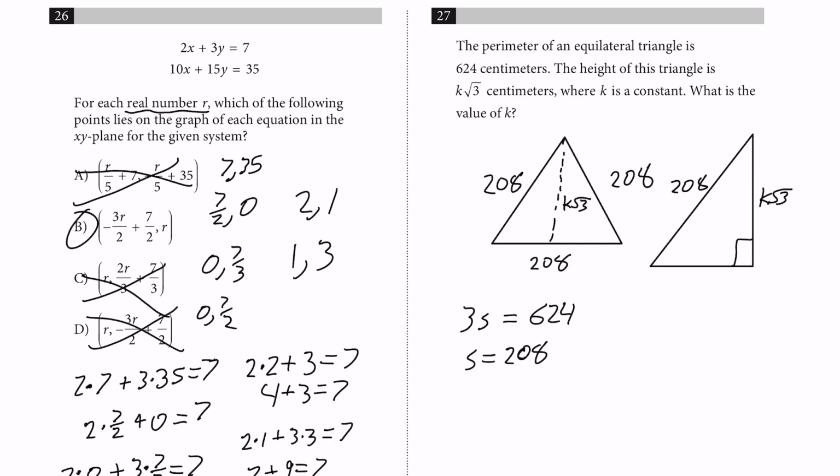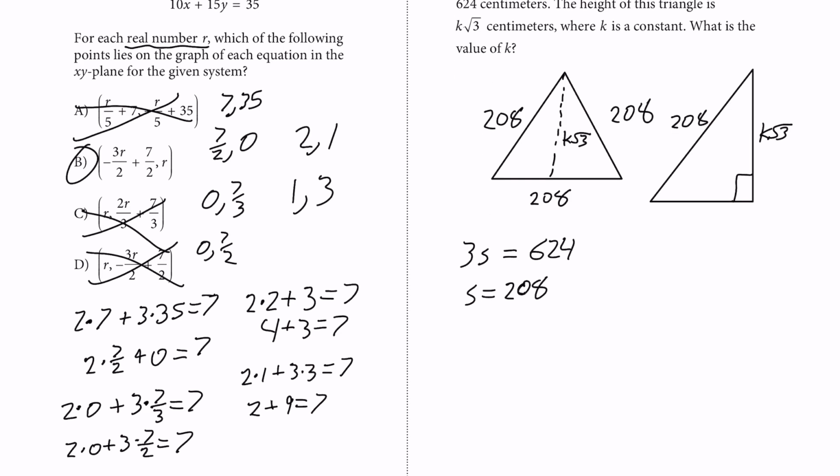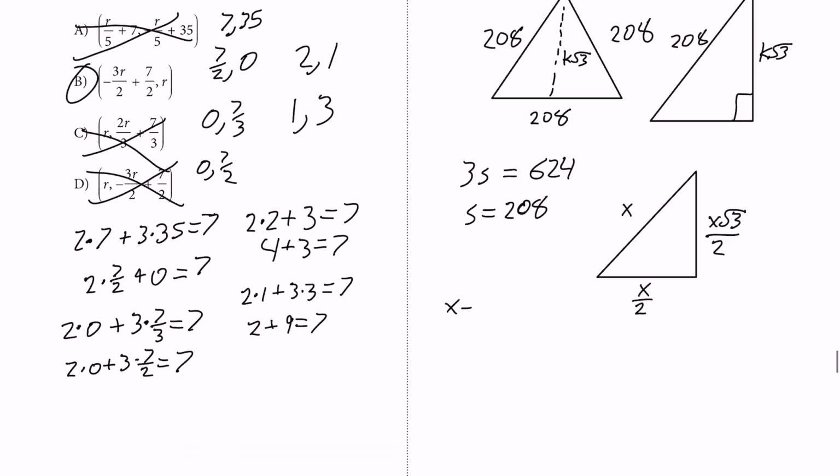And we know when we have a 30, 60, 90 triangle, the sides have the following relationship. So we have x, x over 2, and x root 3 over 2. So when we apply this to the triangle we have x equals 208, which means x over 2, which is this side, is equal to 104.